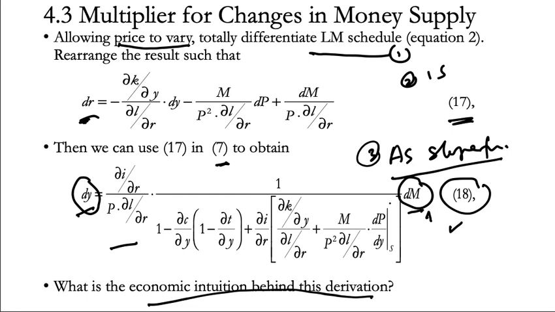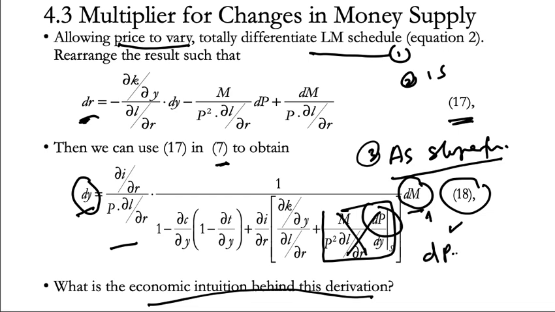In the multiplier for changes in money supply here, you can see dP. That means we allow price to vary, or price is flexible. What if price is fixed? Then the whole term here won't exist, isn't it?